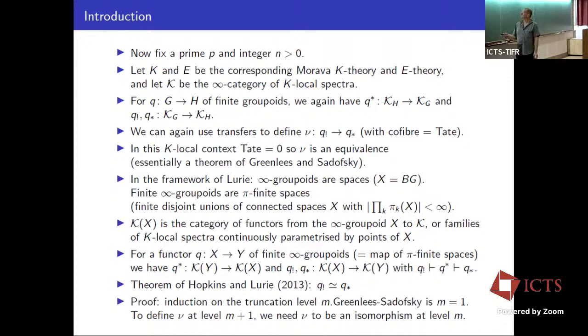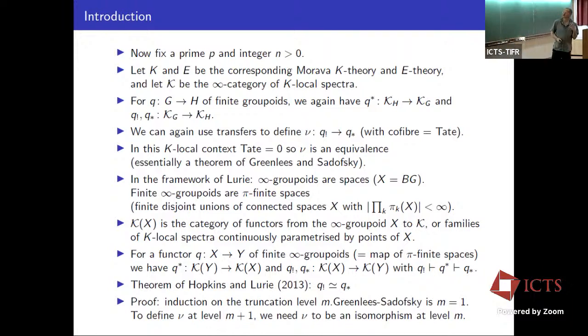And so what's happening? What's the difference between one truncation level and the next? If you've got a space that's at truncation level m plus 1, so it's got a pi m plus 1 but nothing higher than that, the difference between that and something at the previous truncation level is, in some sense, something which has only got a pi m plus 1.